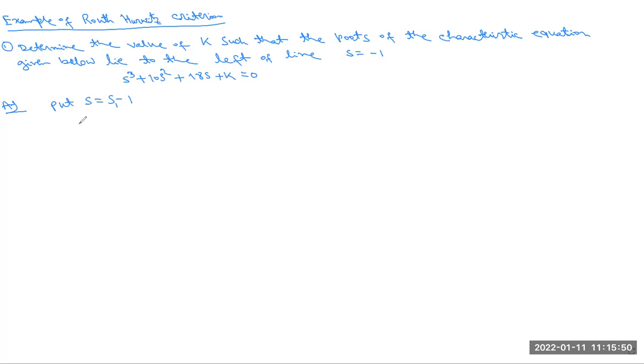So the characteristic equation becomes (S1 minus 1) whole cube plus 10 into (S1 minus 1) whole square plus 18 into (S1 minus 1) plus K equals 0.